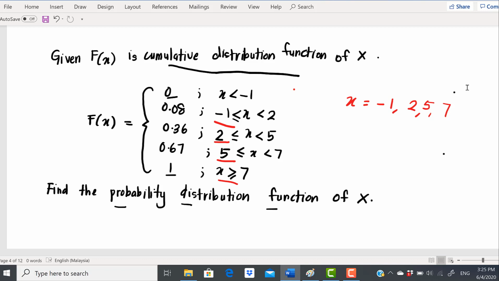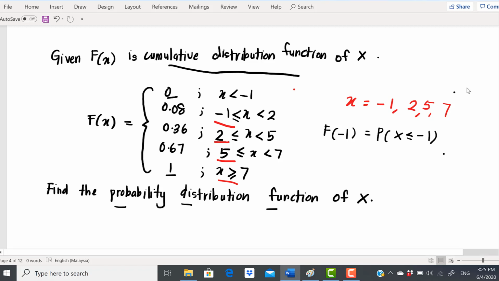Now we look at what if F is equal to -1. So we know that is equal to P(x less than or equal to -1). From this CDF equation, we know that when x is less than or equal to -1, it is equal to 0.08. Now, what if F is equal to 2?